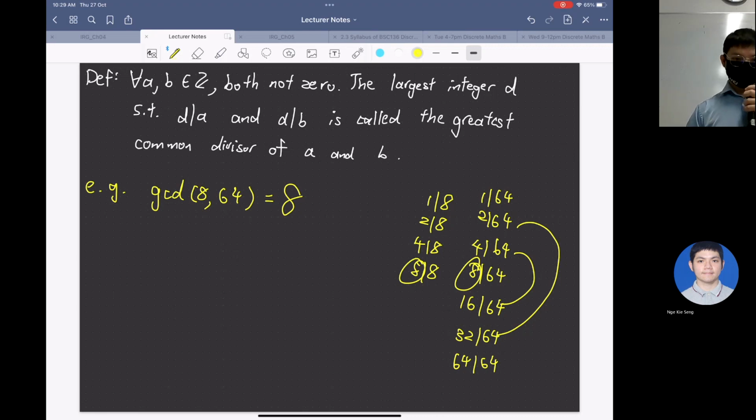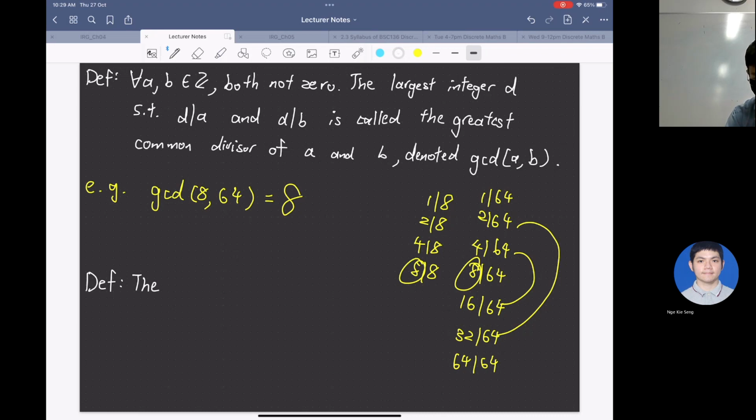Okay. So we will denote it by, oh, I haven't denoted it, I just used it already just now. It's called GCD already. So if the GCD is 1, that means the largest common divisor is 1, and we call this relatively prime.